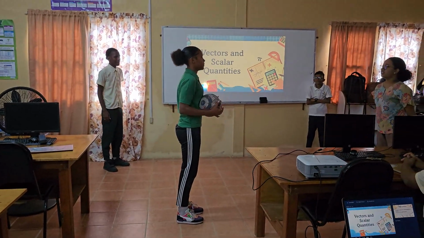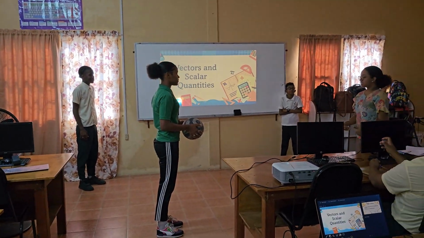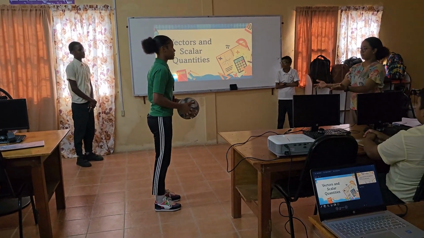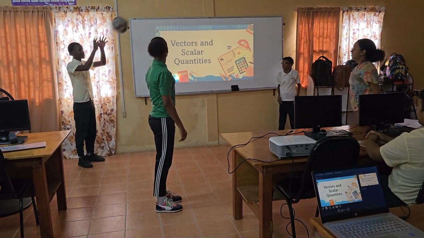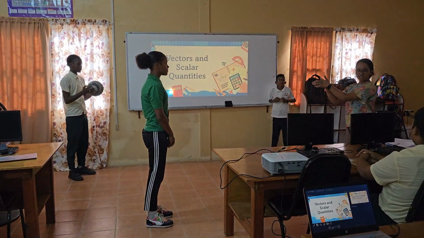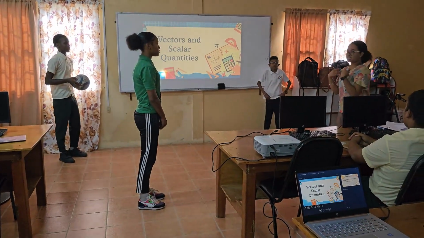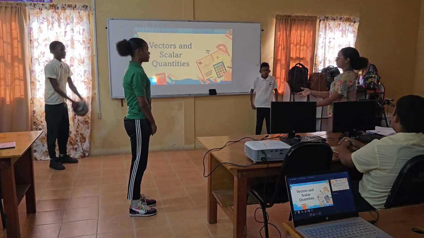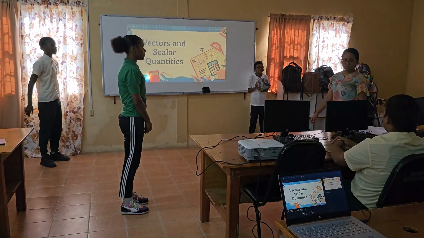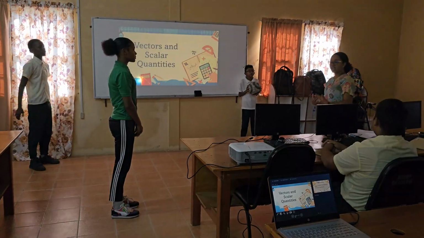If I throw this ball to Michaela, I'm throwing it in a particular direction. And the distance from me to Michaela is different from me to Tyrone. Throw it back. So I throw it to Tyrone, I'm at a different angle, right? Whether it be north, south, east, west, it's at a different direction. Me throwing it to Ada now. Is the distance the same with Nikela and Tyrone? No. It's different. Is the direction the same?